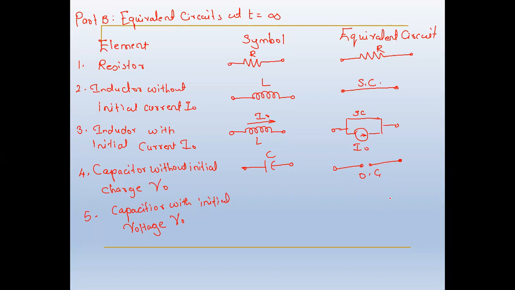There is no specific symbol for this one, but it can be represented like this: V0 with plus and minus, and a capacitor acting as an open circuit. Are you getting my point? So these are the initial conditions at t is equal to infinite.